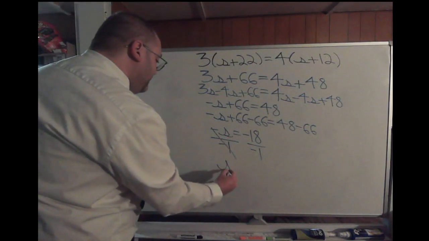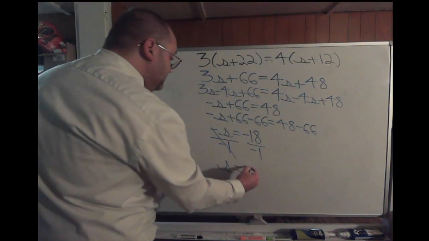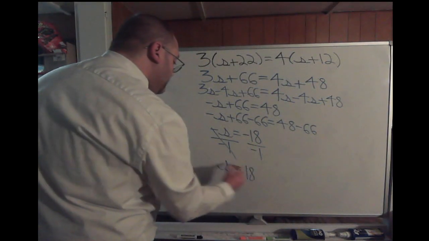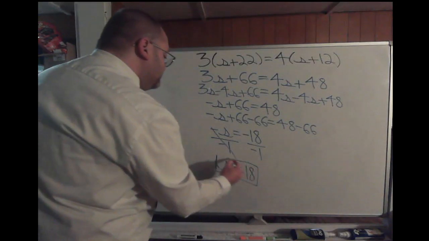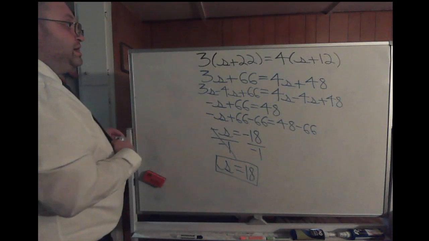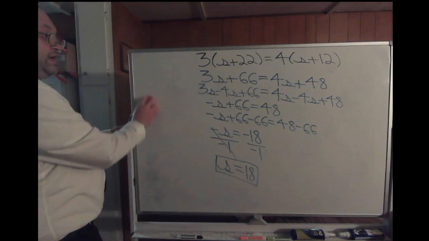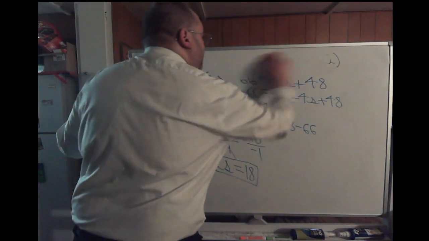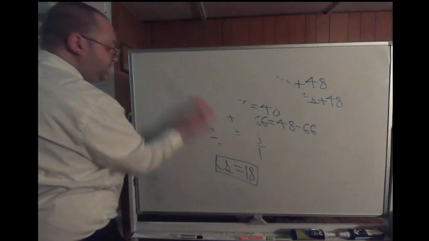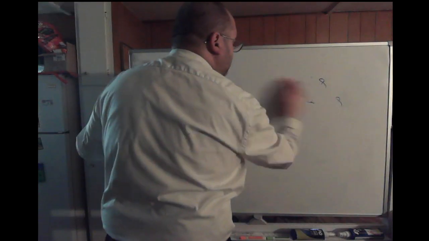You just simply have S is equal to negative 18 divided by negative 1. That's positive 18. And if you put this in, I guarantee you get a true statement. Yep, you sure would. So S equals 18. We'll do one more example here. One more, and then I'll call it a day.